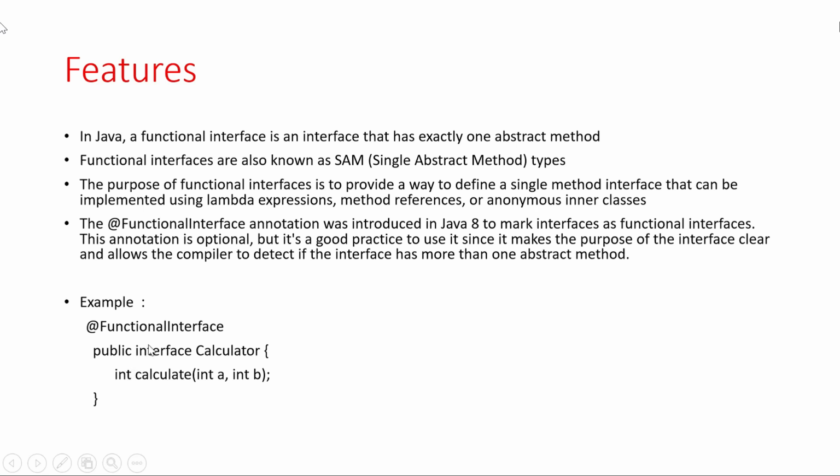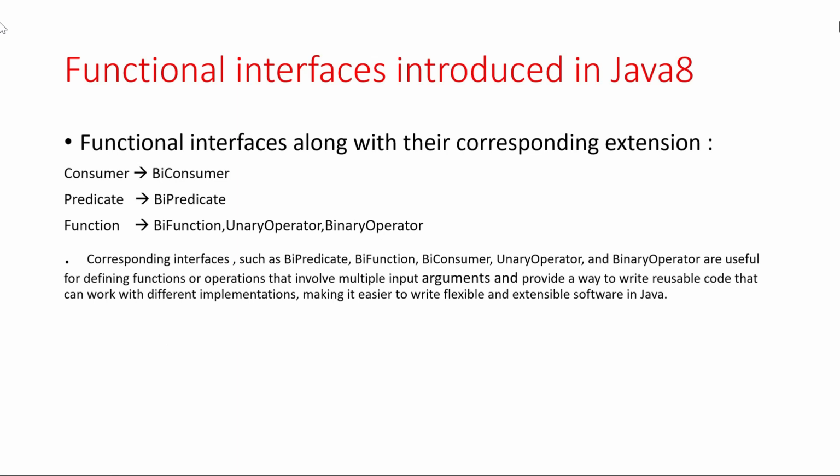So now coming to the functional interfaces along with their corresponding extensions. Consumer has its extension of BiConsumer and Predicate has its extension of BiPredicate. Similarly, Function has its extension of BiFunction, UnaryOperator and BinaryOperator.